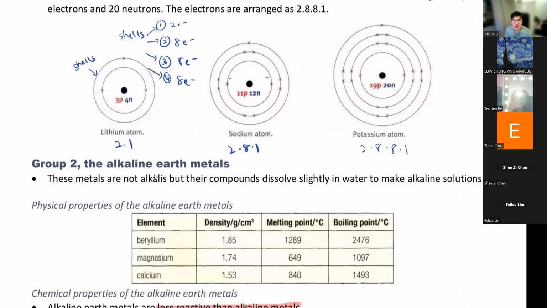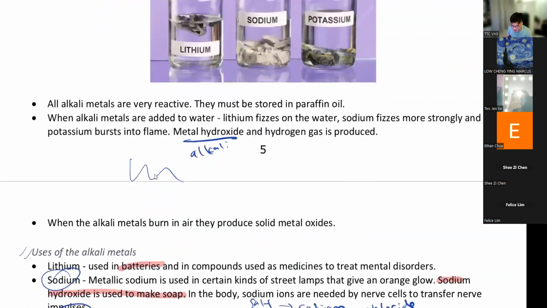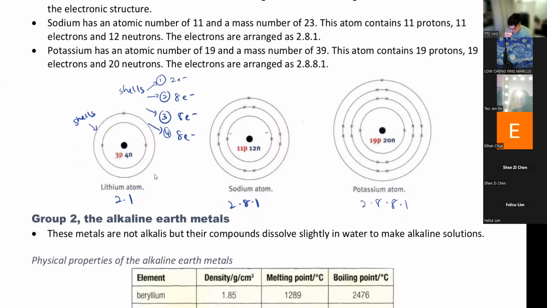As an atom, my job is to become full. The fuller my outer shell, the better. The outermost is 1, that's why they are group 1. Oh, you've learned this before? Okay, so my job is to become full.